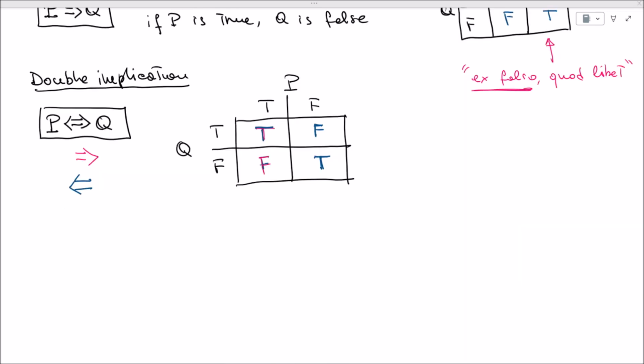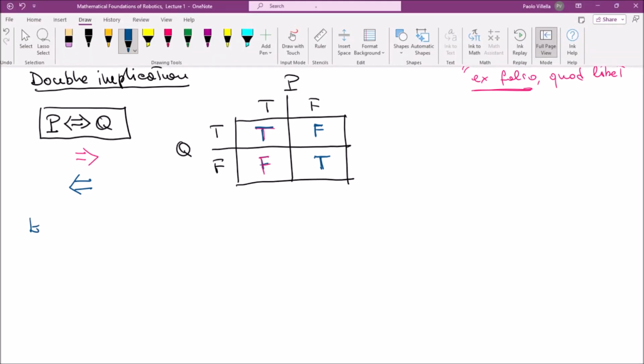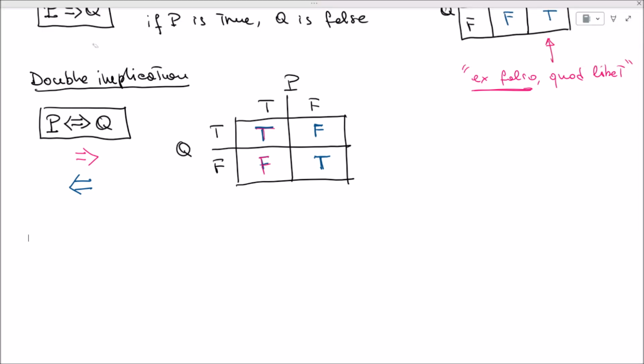As an exercise of the things that we said so far, let's try to rewrite the implication P implies Q by just using the symbols and, or, and not.